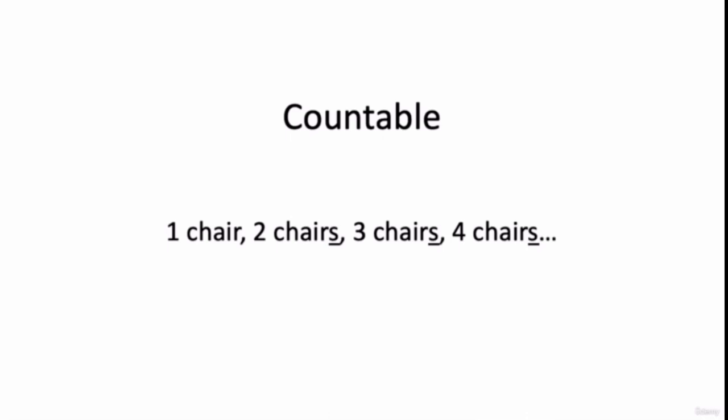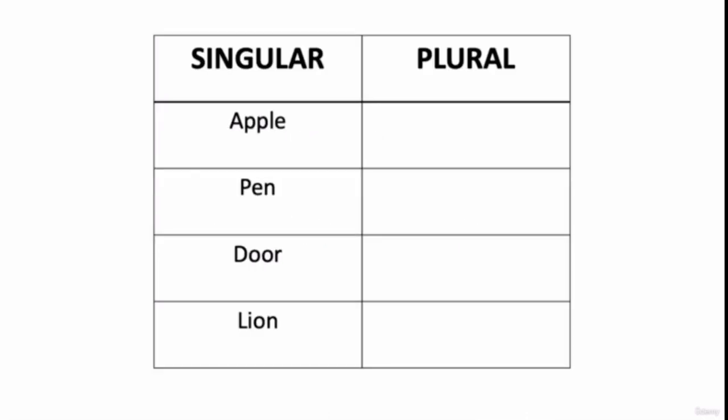Now, it's your turn. Can you make the plural forms of these countable nouns? Apple, pen, door, lion. The plural form of apple is apples.